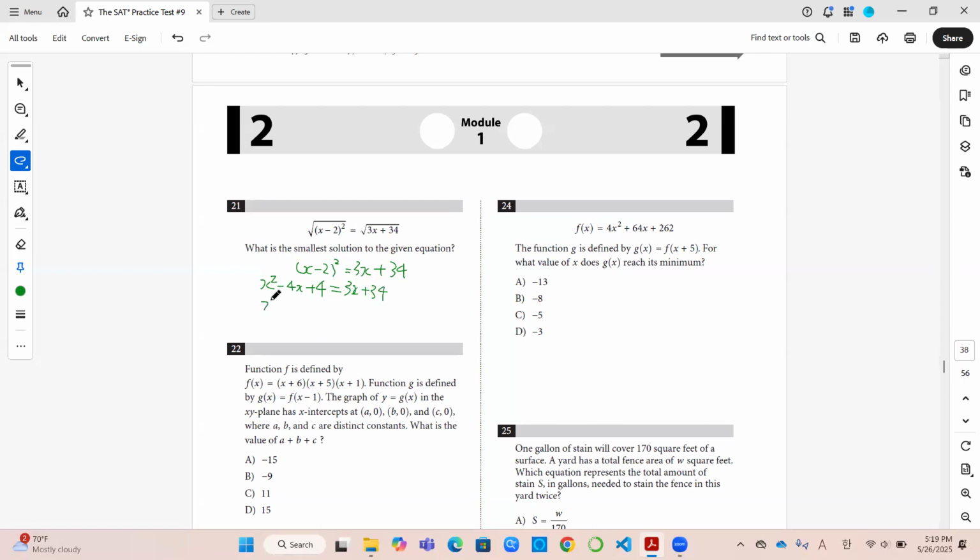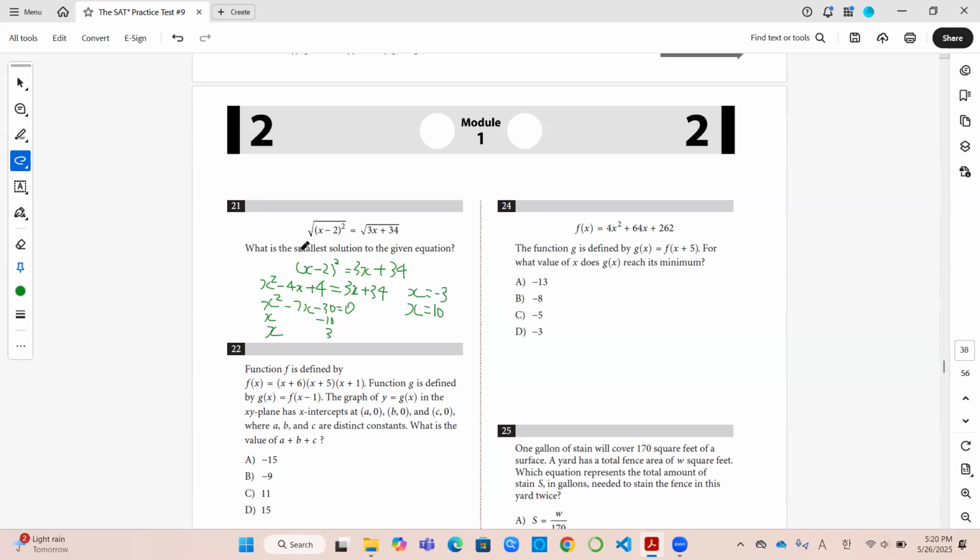Now, if I bring all of them to the left, it becomes x squared minus 7x minus 30 is equal to 0. X here, negative 10 and 3. So I'll have two solutions here. X is equal to 10 and x is equal to minus 3.